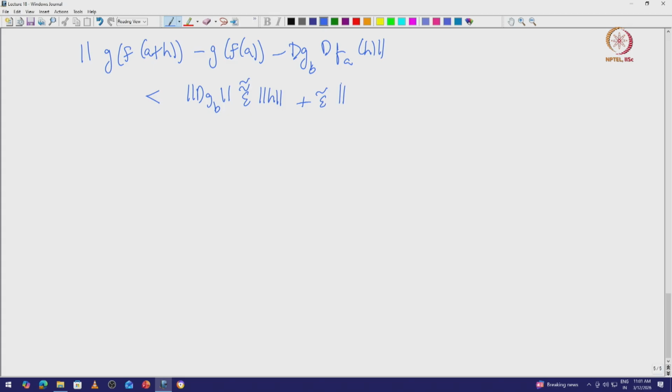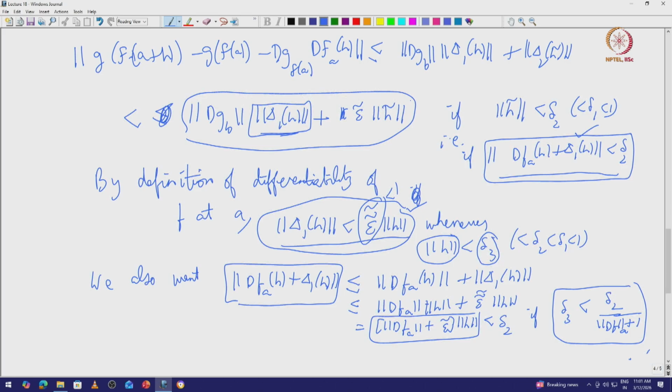So let me copy this down from here. Plus epsilon tilde times epsilon double tilde.